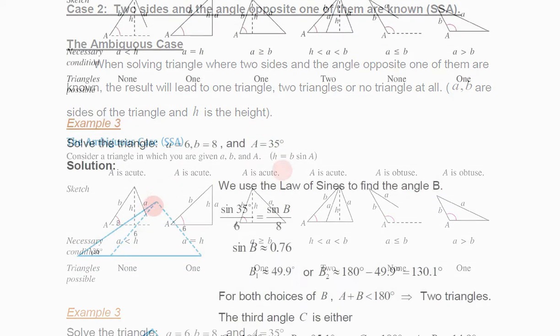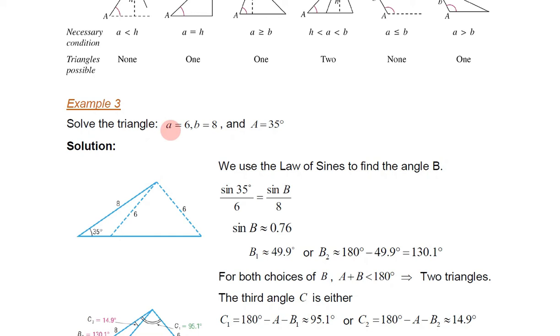Okay, let's say we want to solve the triangle where we have two sides, b equal to 8 and a equal to 35. We draw the triangle. We have a here equal to 35.